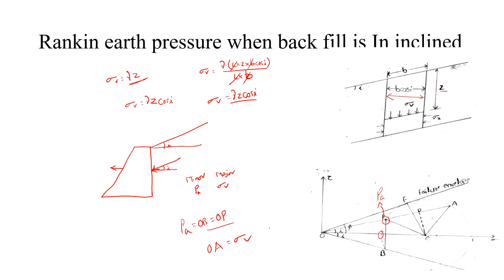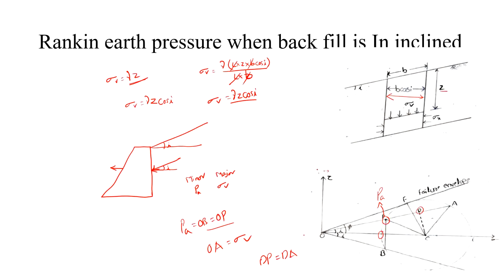We know that we are taking vertical stresses as the major principal stress, and point D is the middle point between points A and B. So we have some distance from P to A, and at the middle point we take D. So the distances DP and DA are the same. We have to remember these points.